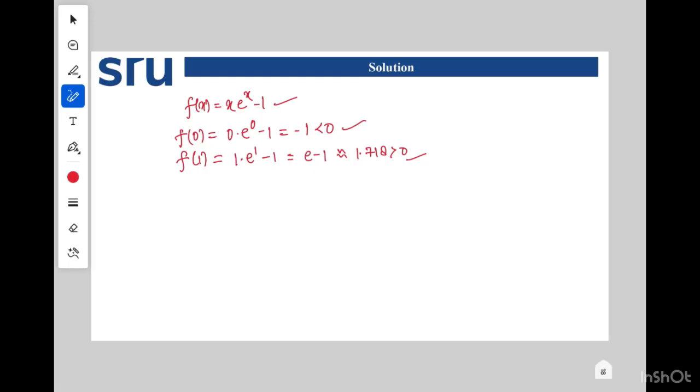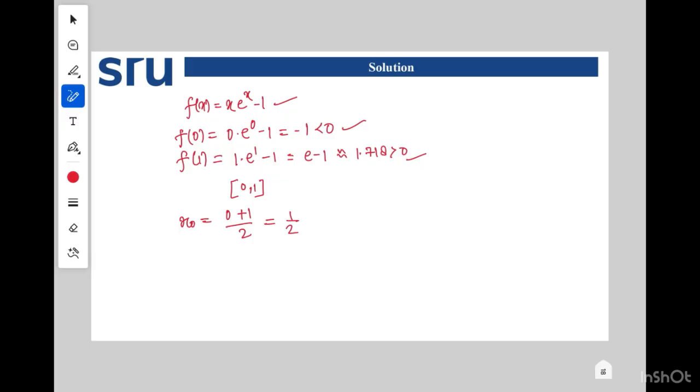This function is again continuous, so by the intermediate value theorem we can say that at least one root lies in the interval 0 to 1. With this interval, we can calculate the initial approximation x naught by taking the midpoint: x naught equals 0 plus 1 divided by 2, so it is 1 by 2.